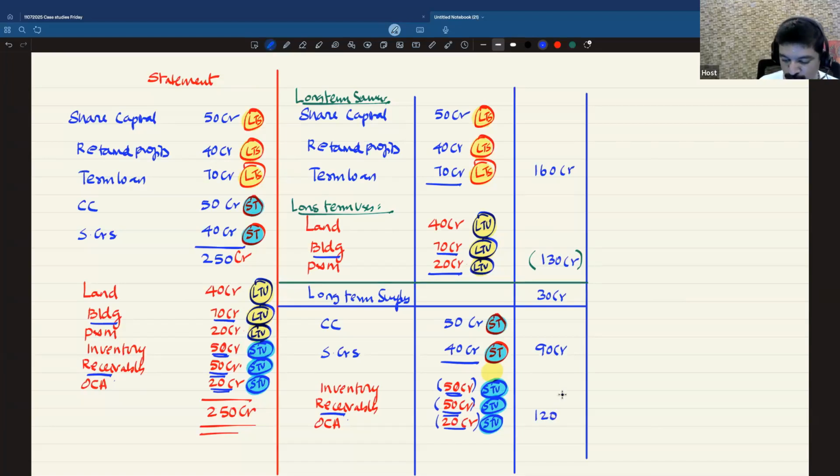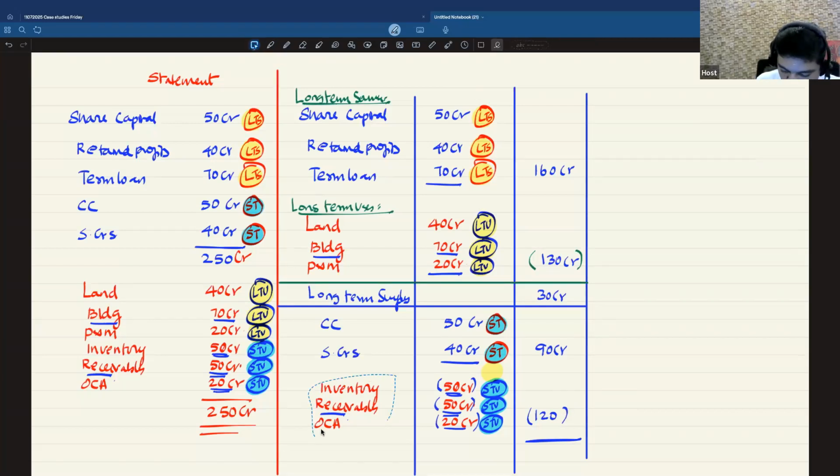So the source is 90 crore. The use is 120 crore. It means on the short-term front, they have a surplus or deficit. Please tell me.